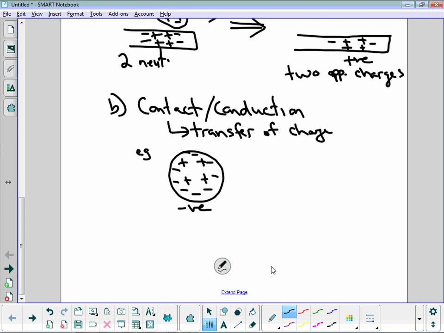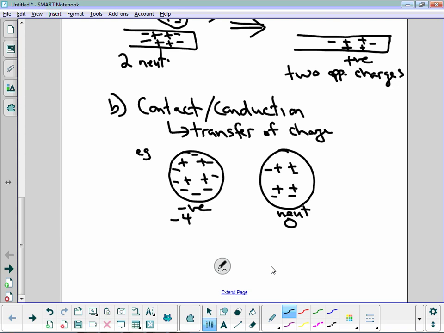Wouldn't be breaking any rules. So this is -8, something that is neutral. 1, 2, 3, 4. 1, 2, 3, 4. This is neutral. I'll put neut, 0. All right? Neutral. We're okay with neutral?